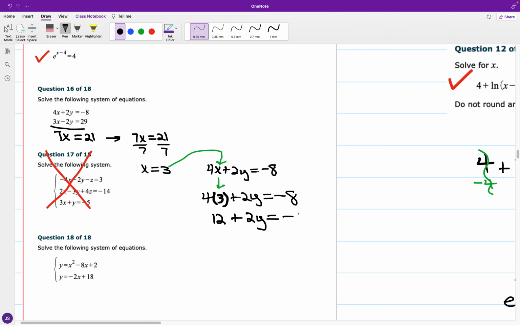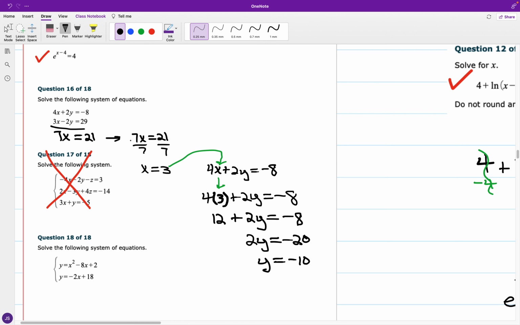So 12 plus 2y is equal to negative 8. And if I take 12 away from both sides, I'm going to have that 2y is negative 20. And with division by 2, we have that y is equal to negative 10.